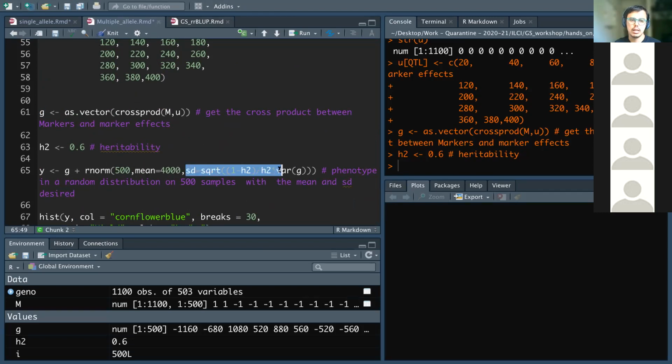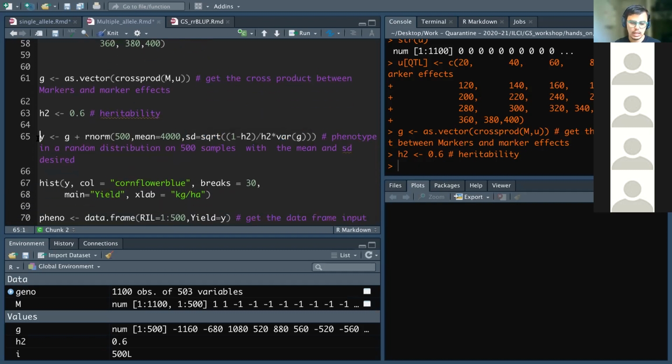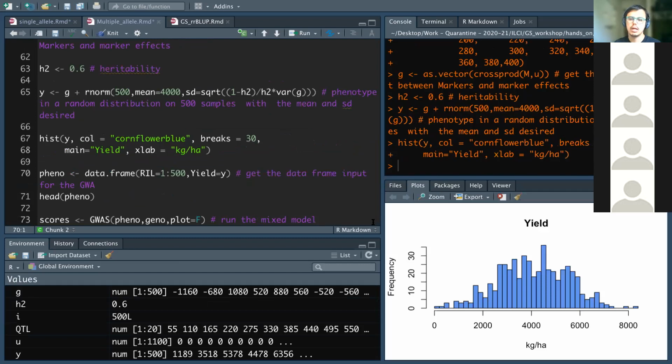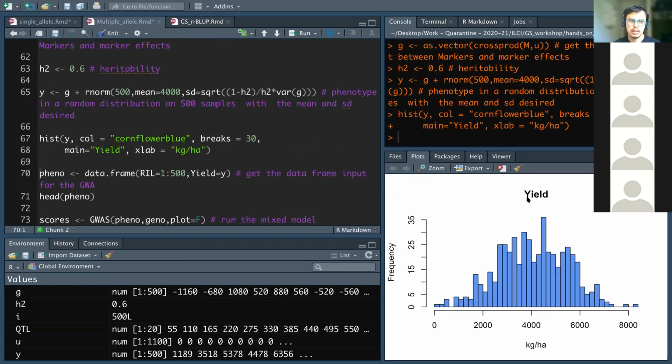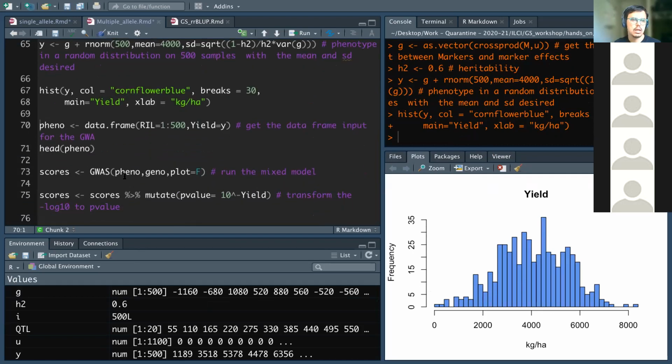And here, as you can see, the standard deviation of this phenotype is going to take into account the heritability of the trait. And with that information, I just put yield to this trait just to have a name. And as you can see here, the distribution of the trait is close to normal.